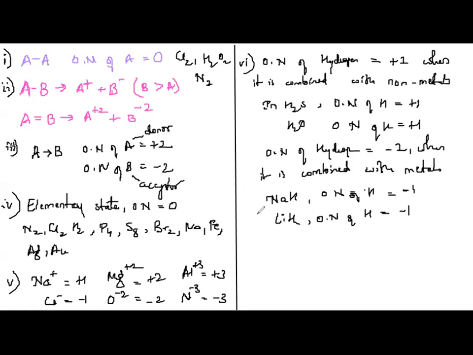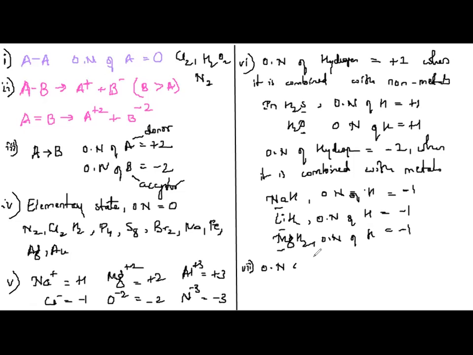Then for example, magnesium hydride, MgH2: the oxidation number of hydrogen is -1. Understanding? So if hydrogen is combining with a non-metal, then its oxidation number will be +1. If hydrogen is combining with a metal, then its oxidation number will be -1.